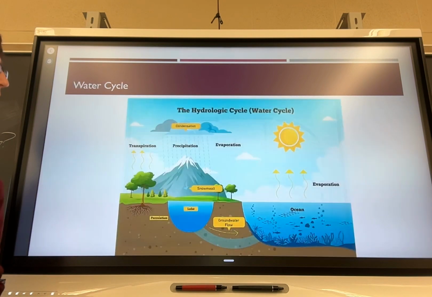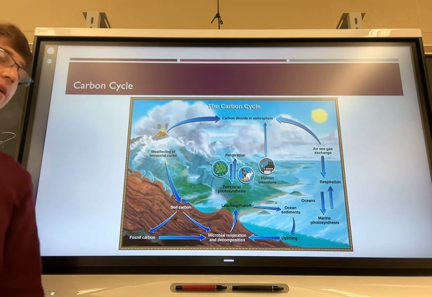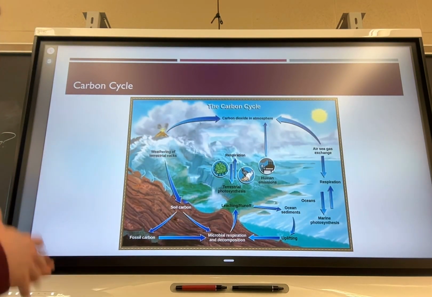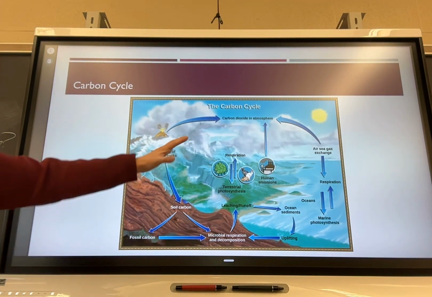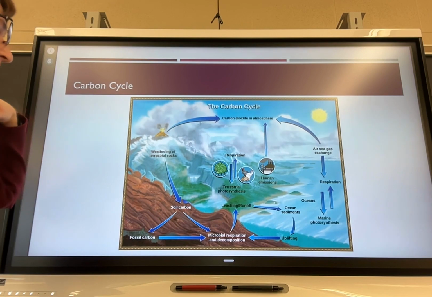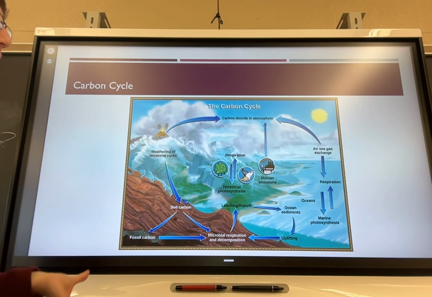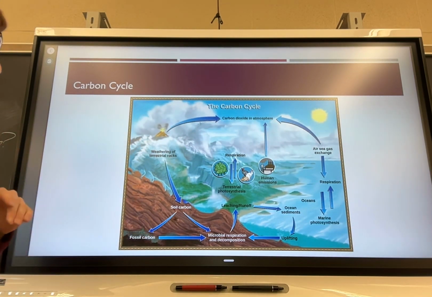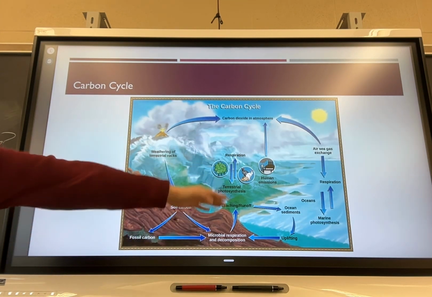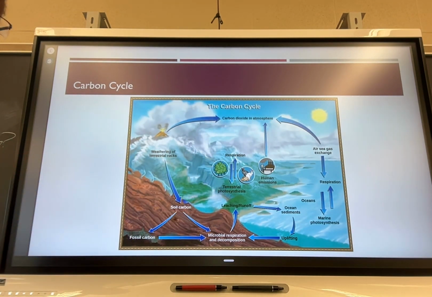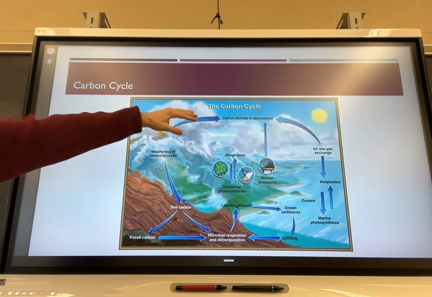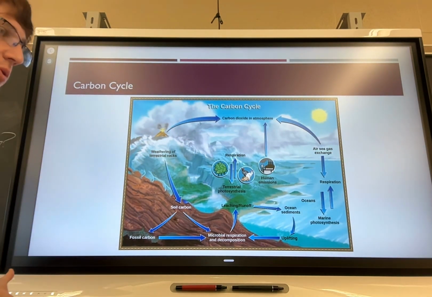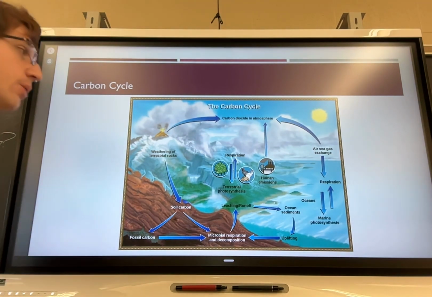The next cycle is the carbon cycle. The carbon cycle and the oxygen cycle, we're going to talk about both of them, but they are kind of linked. The carbon cycle is going to talk about multiple different forms of carbon: carbon dioxide, fossil carbon, soil carbon, carbon in the oceans, and it's going to move around in a very large cycle. If we start out with carbon dioxide, everyone knows what carbon dioxide is, you're currently breathing it out.